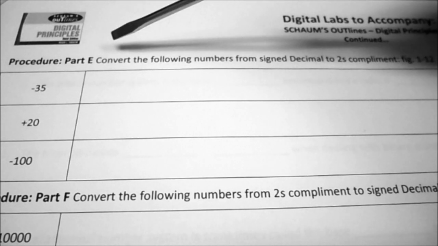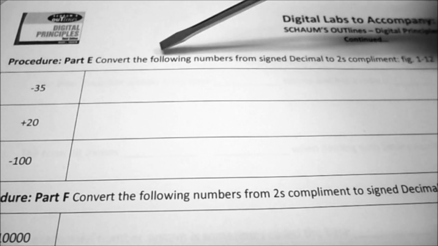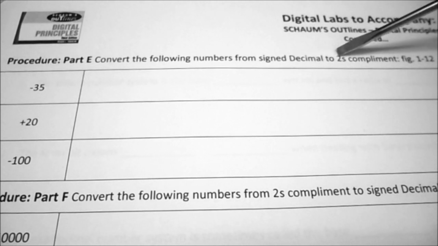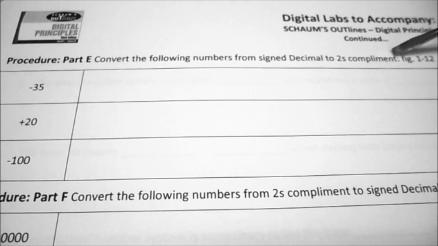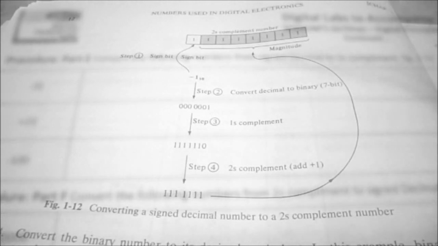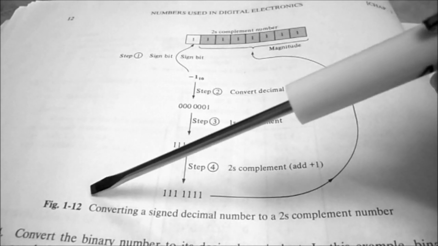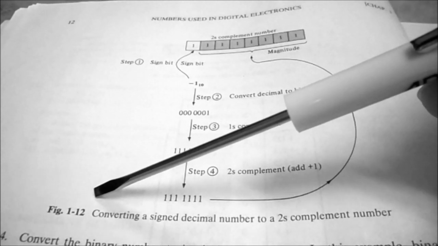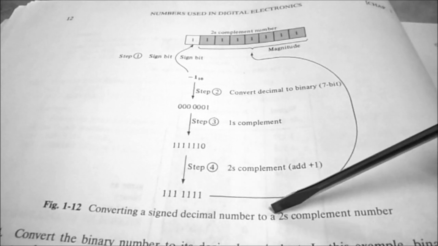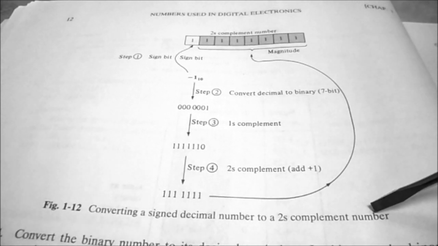So under procedure, part E, we're going to convert the following numbers from signed decimal to 2's complement. And in your textbook, figure 1-12 should help you accomplish this. So figure 1-12 in your textbook shows you an example of converting a signed decimal number to a 2's complement number.